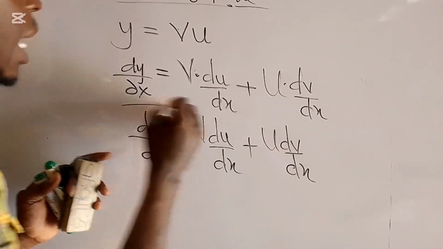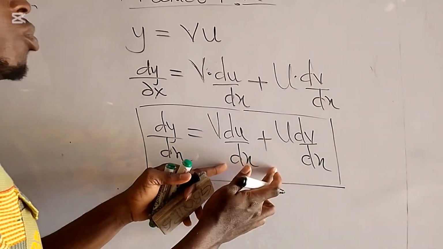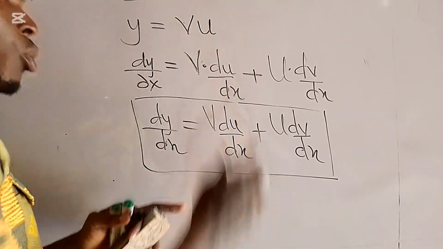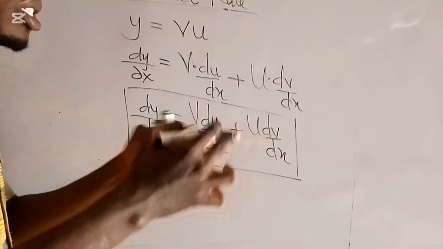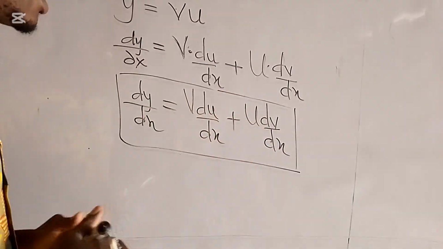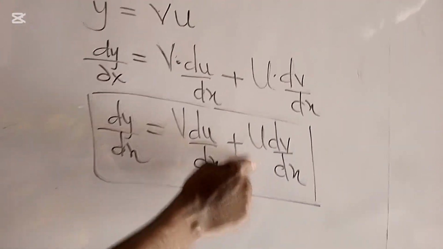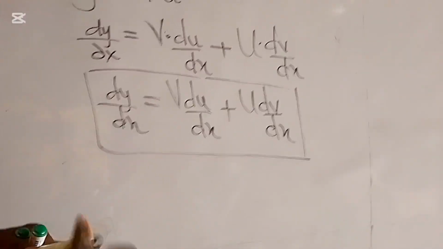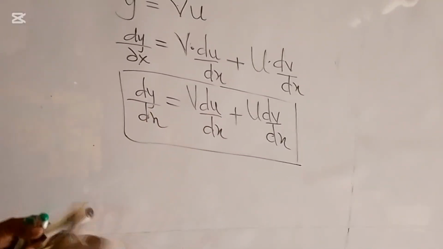So this becomes the general formula which we use to solve questions relating to the product rule, or questions that come in the form of two functions multiplying each other. This is the rule we normally use to solve questions that have products or multiplications in them.